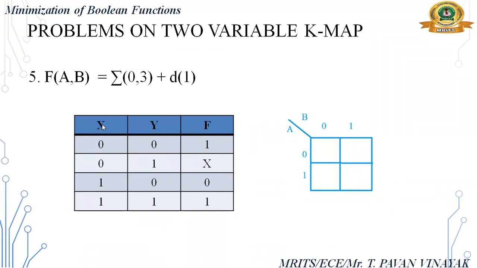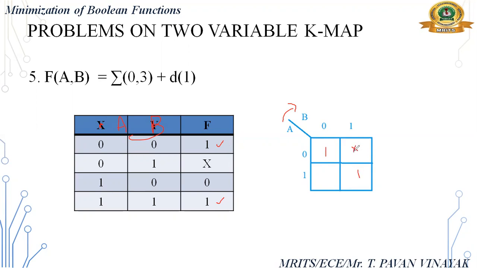This one is A, this one is B. So AB. Okay, at 1 we put don't care. At 0 and 3 we put 1 value. So here 0 1 3, at 1 I am taking don't care.